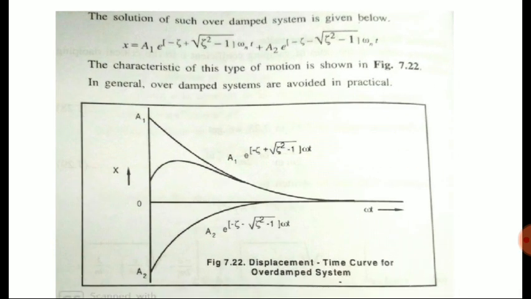And you can see here the plotted graph, x against omega t. In the case of the over damped system, with respect to omega t, the value of x diminishes exponentially. You can see the term e raised to in the equation. So the variation of amplitude with respect to omega t is an exponential variation.